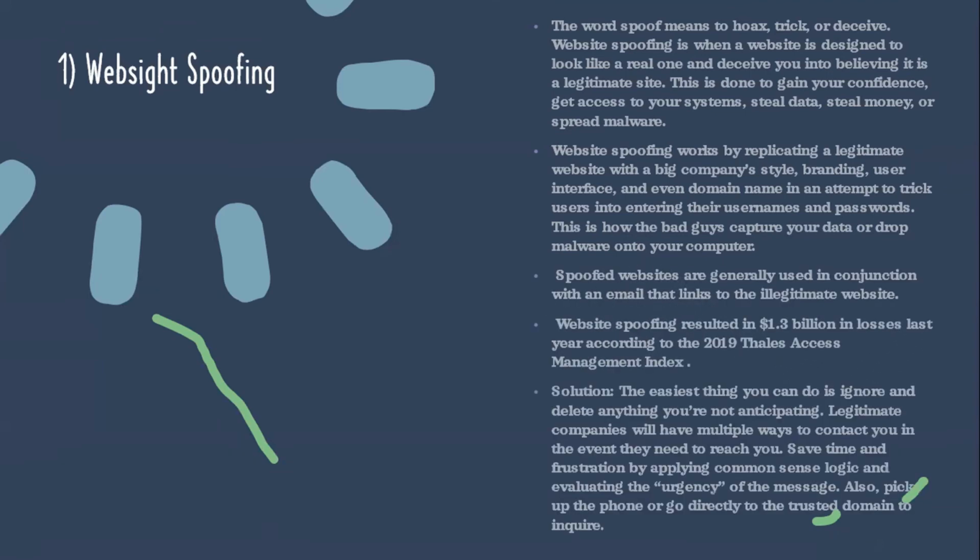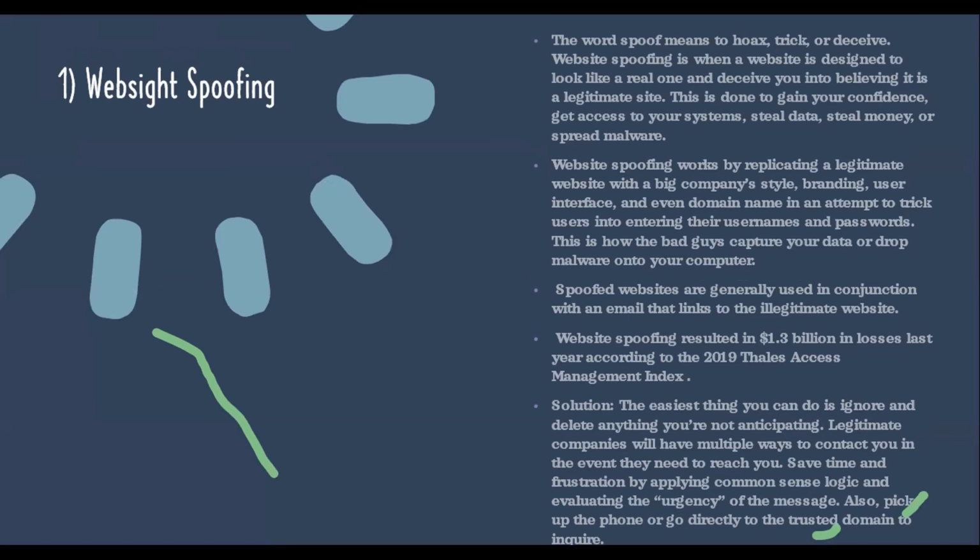Spoofed websites are generally used in conjunction with an email that links to the illegitimate website. Website spoofing resulted in $1.3 billion in losses last year, according to the 2019 Sales Access Management Index.